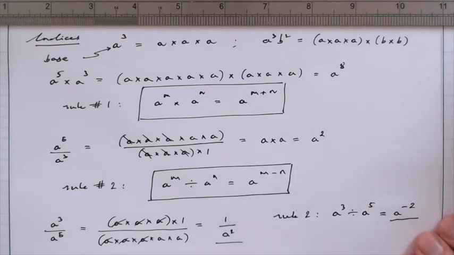So we have a very helpful expression, which is rule number 3, which is that a to a negative power is to be interpreted as 1 over a to that power, but as a positive.